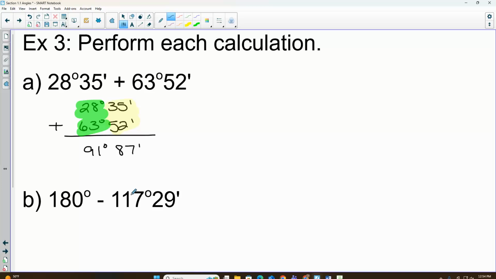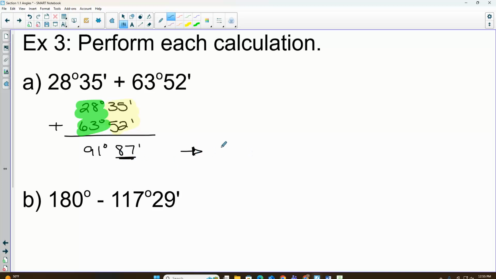Okay. But if you are making plans with your friends, do you say, oh, I'll be there in 2 hours and 87 minutes? No. What would you do with that 87 minutes? You would change it. You would say, well, 60 minutes is equal to 1 hour, so I would be there in 1 hour and 27 minutes, right? So if my minutes turn out to be higher than 60, we are going to rewrite this.